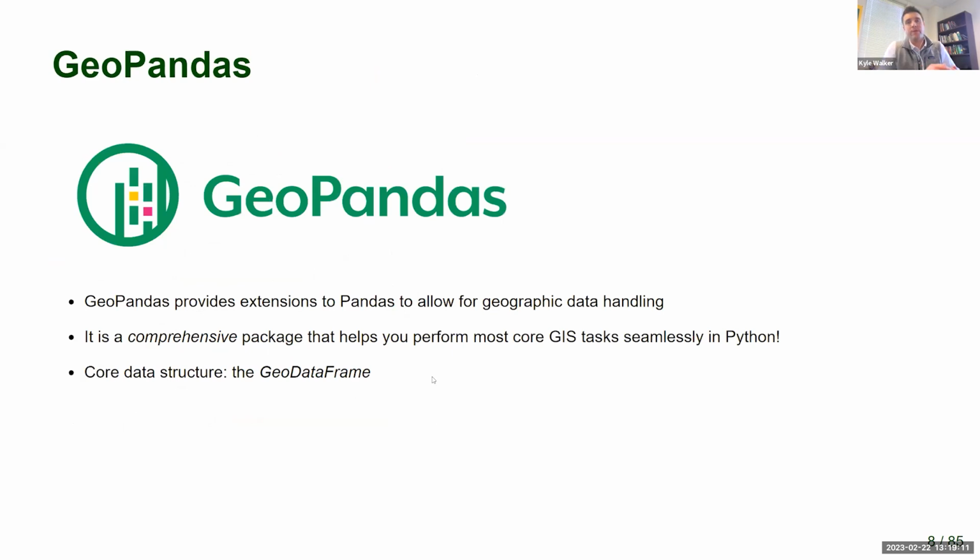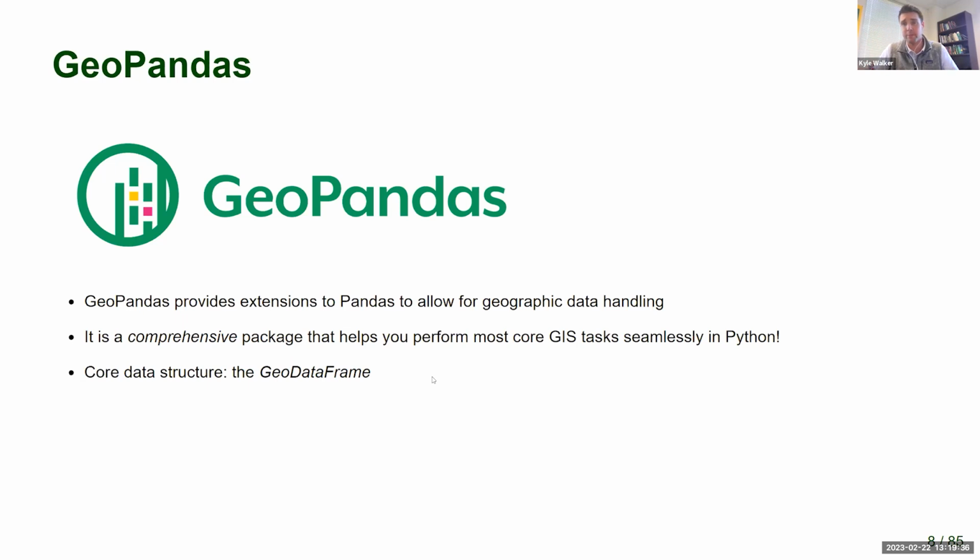And in fact, we're focusing on an outstanding package named GeoPandas. So if you're new to Python, GeoPandas is going to be your one-stop shop for doing GIS and working with spatial data in Python. And Pandas is going to be your main data analysis library.